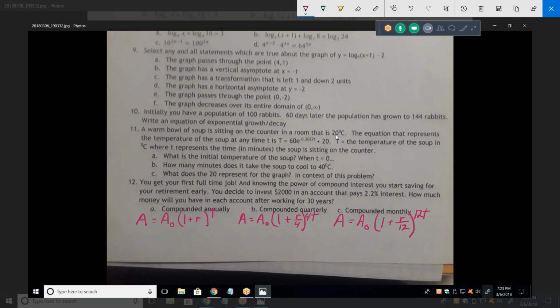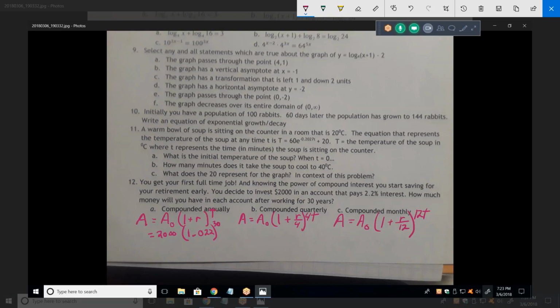Okay. Now let's fill in everything. 2,000 is the starting amount, and 2.2 is R, which is 0.022. And T is 30 in every case. So this one is 2,000 times, I'm going to add them together, whatever that number is.